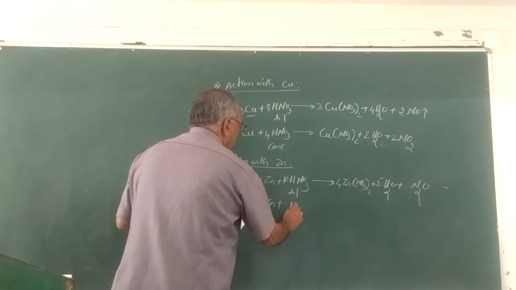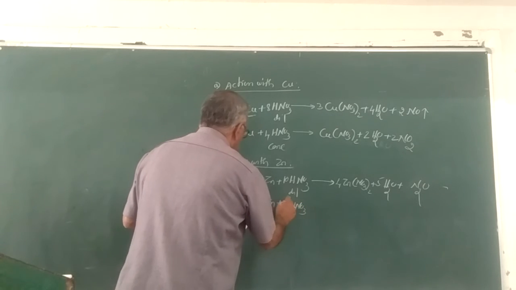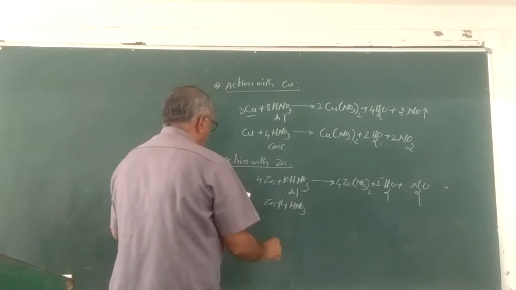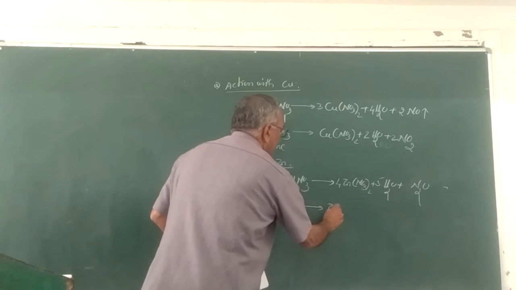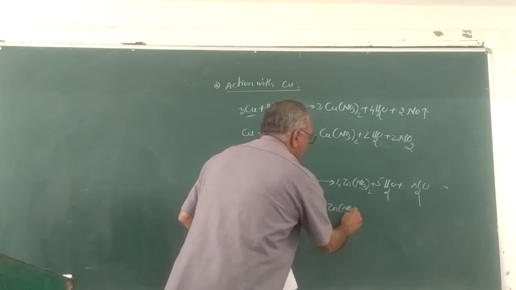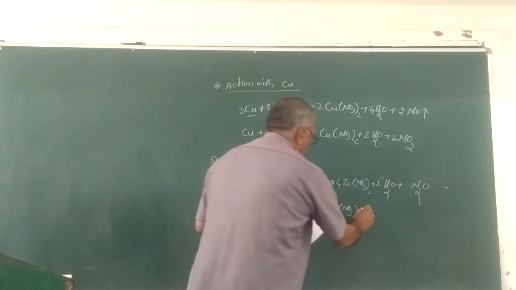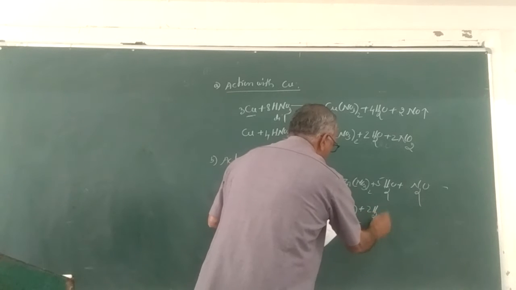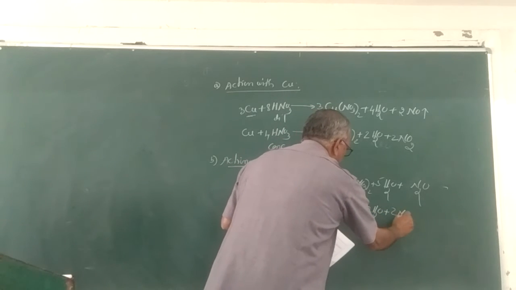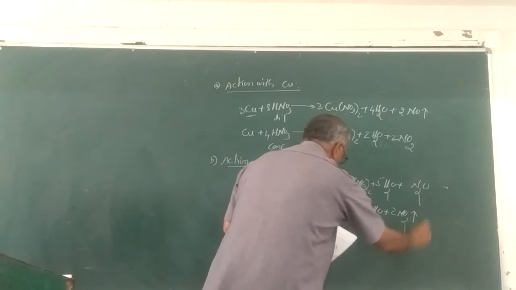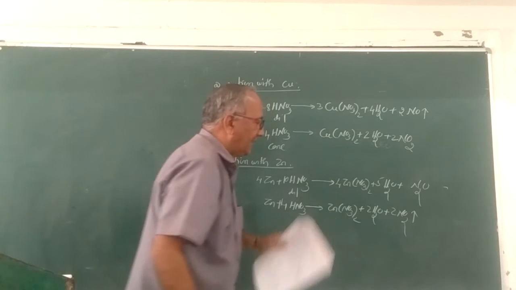If zinc is treated with concentrated nitric acid, it forms zinc nitrate, water, and liberation of nitrogen dioxide gas.